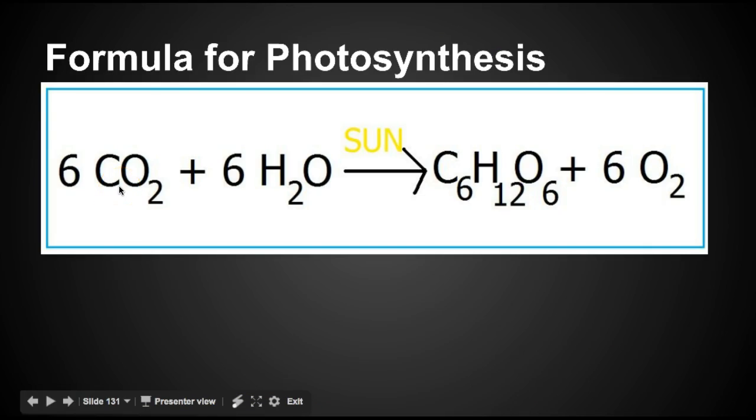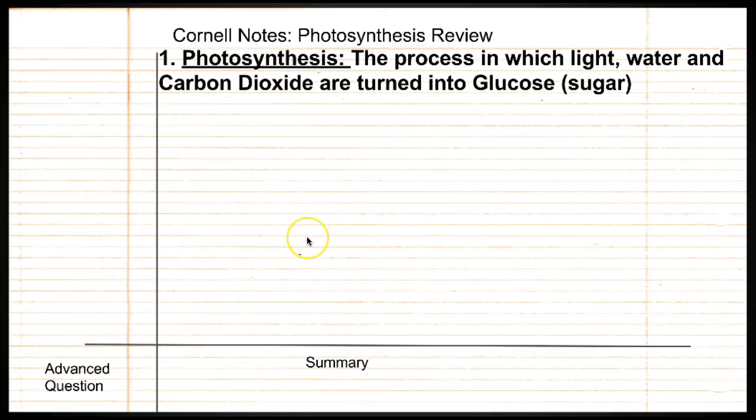The chemical formula, and we'll talk more about this in 8th grade, is that you take 6 molecules of carbon dioxide and 6 molecules of water, H2O, and they chemically react with the sun to make 1 molecule of glucose, and you have 6 molecules of oxygen left over after the reaction. Okay, moving on to number 2.